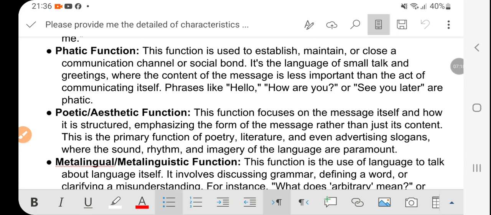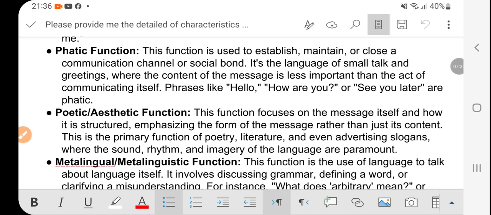Phatic means language which is used to establish or maintain or close a communication channel or social bond. When we say "see you later," it means we are getting separated, right? So which comes under phatic function.